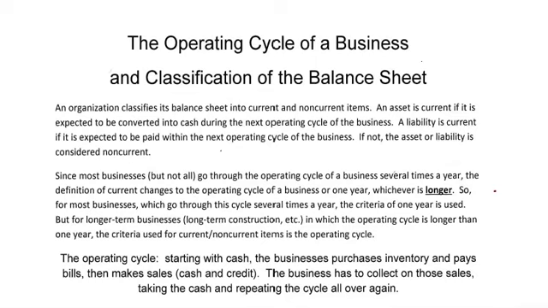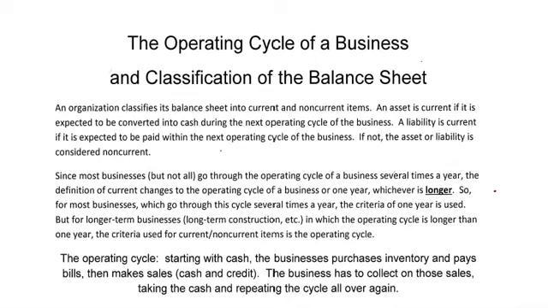A current asset is going to be converted into cash within the next period, and a current liability is going to need that cash to be paid off within the next period.